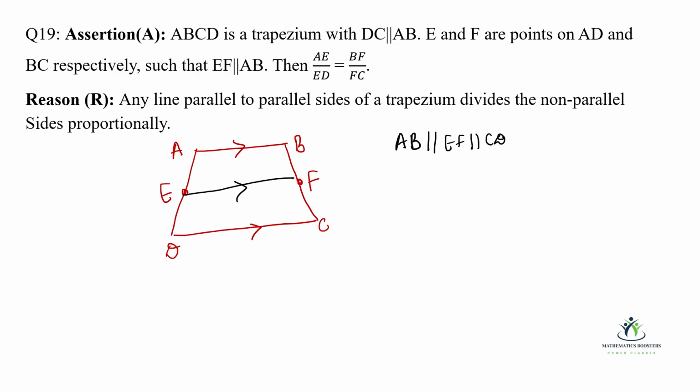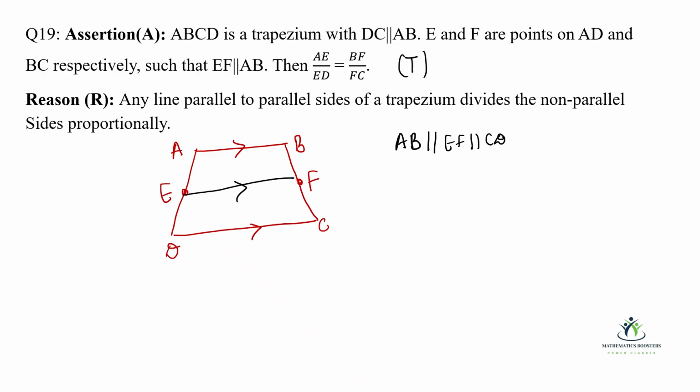CD. AE upon ED is equal to BF upon FC. So this is true. AE upon ED is equal to BF upon FC. Any line parallel to parallel sides of the trapezium divides the non-parallel sides proportionally.